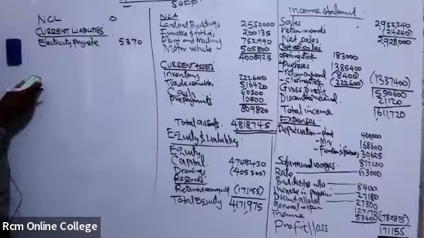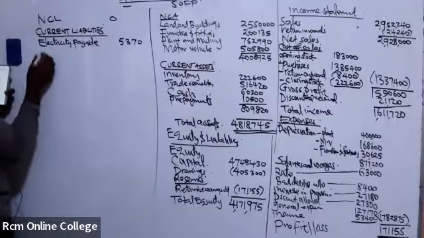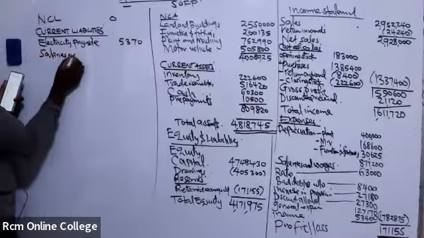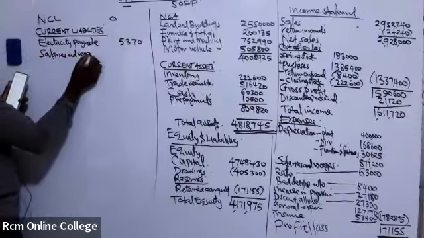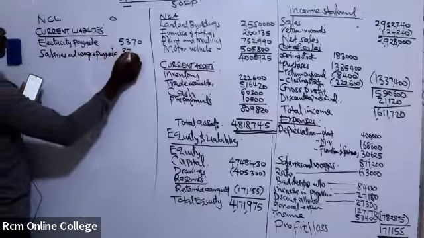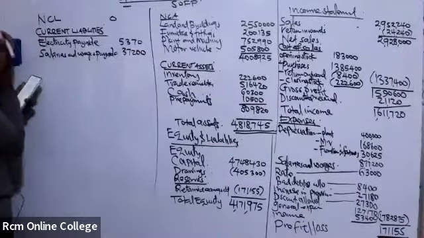Then we also add some accruals there. Wages and salaries, no, but we have outstanding wages. The salaries and wages payable, 37,200. All right, good.